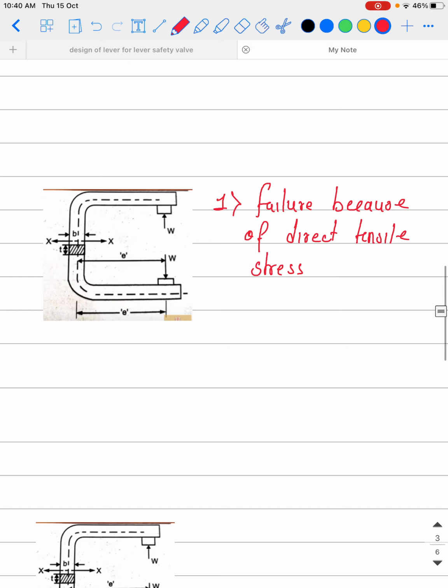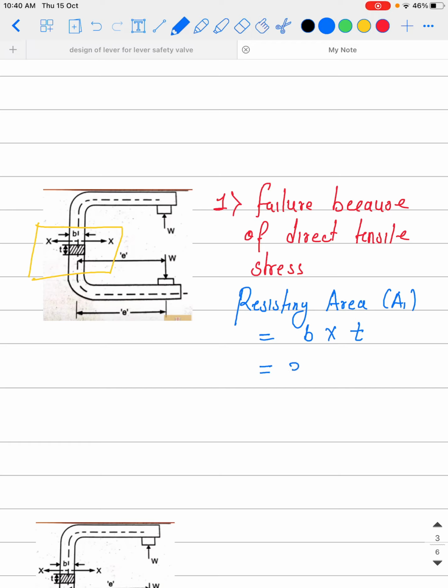The load applied is W, and the resisting cross sectional area, which is width into thickness. I will call the resisting area A1, and this is equal to B into T.